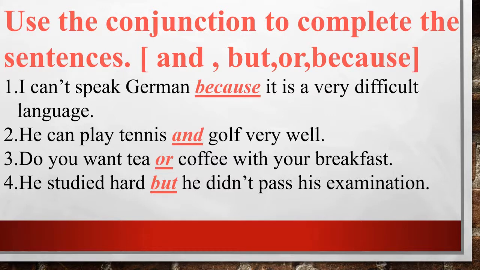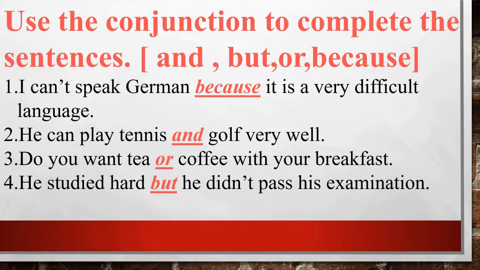The second sentence is, he can play tennis dash golf very well. Answer, he can play tennis and golf very well. The third sentence is, do you want tea dash coffee with your breakfast?